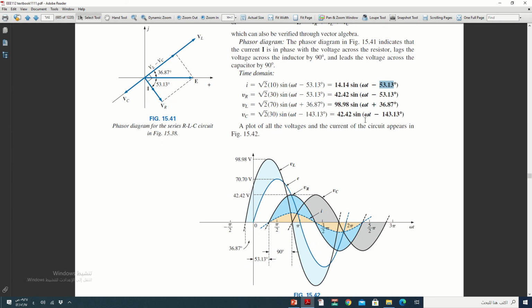VL with minus 36, VL starts from minus 36, and VC will start from plus 143. It's mentioned here, every wave mentioned the name of the wave.